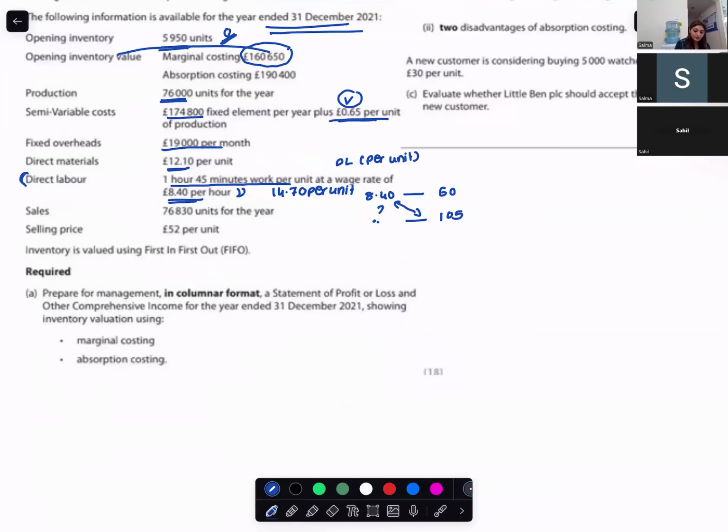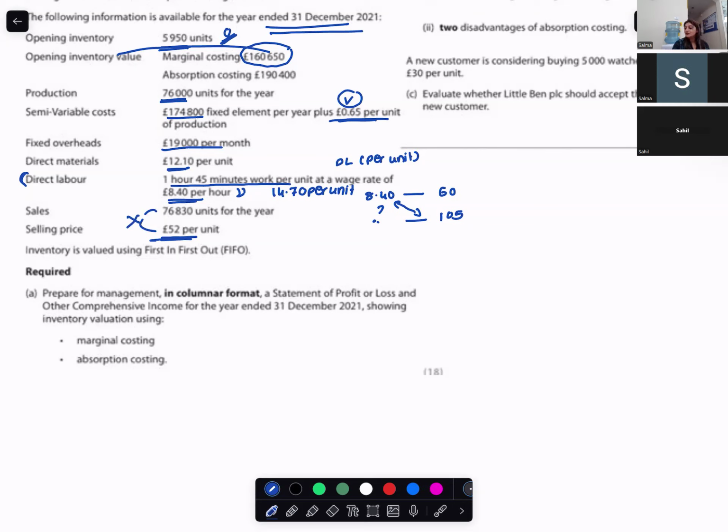Revenue is units into selling price, that will give you like 3.995 million something. That we will see later.